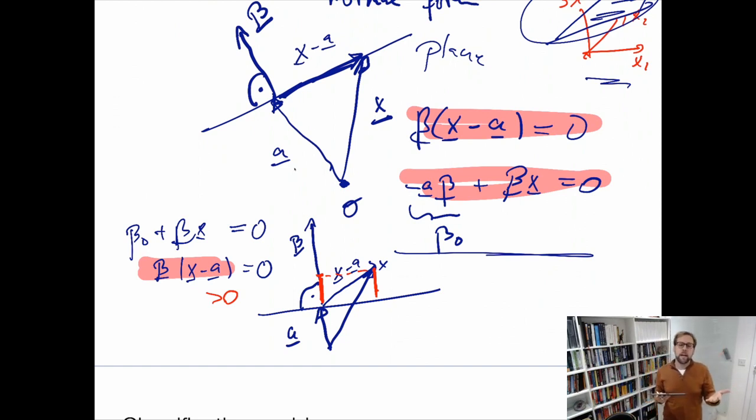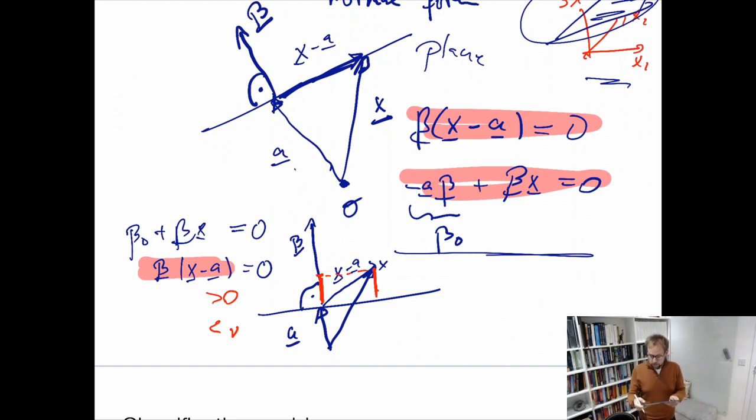Whereas if beta times x minus a is negative, then x is on the opposite side of the plane. Beta is pointing upwards, so if x is above the plane, beta times x minus a is positive, but if it is negative, then the point is below the plane, exactly opposite.